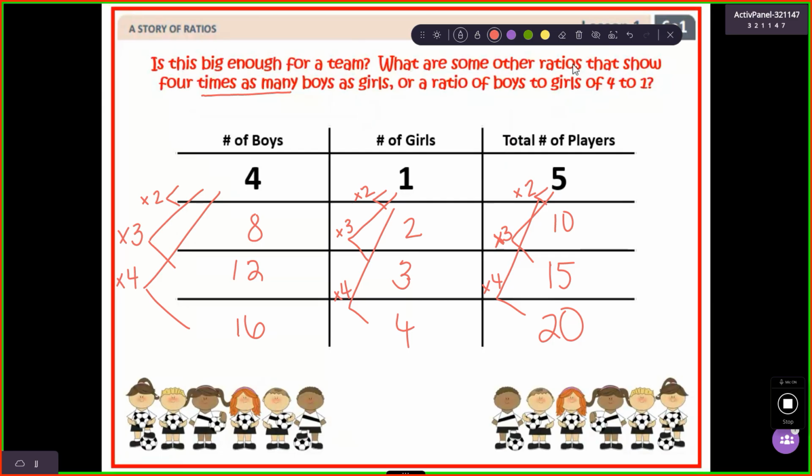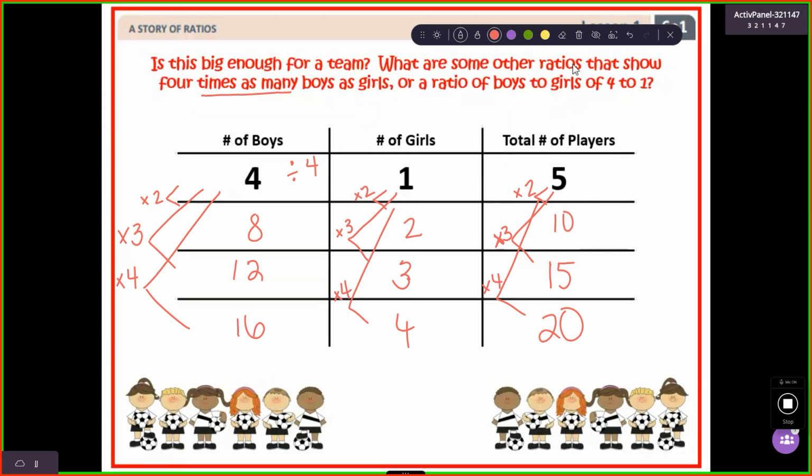You go from a big number to a small number, you divide. 4 to 1, what do you divide by? 4. Look at every time you go down. 4 divided by 4 is? 8 divided by 4 is? 2. 12 divided by 4 is? 3. 16 divided by 4 is? 4. To infinity and beyond.